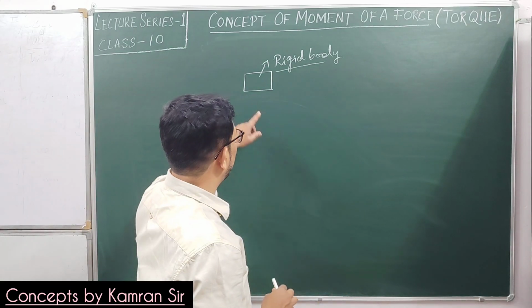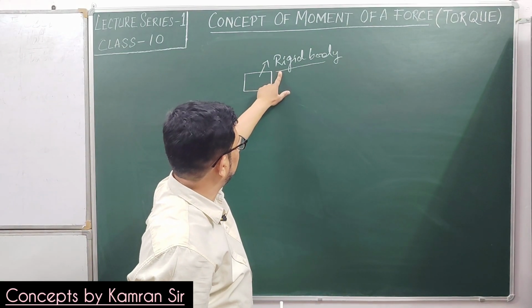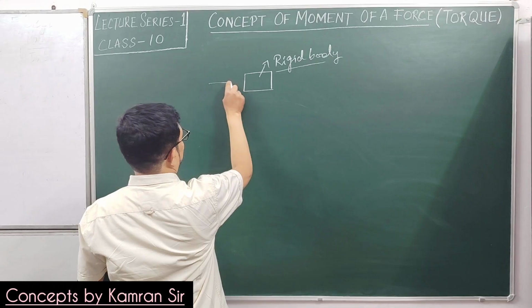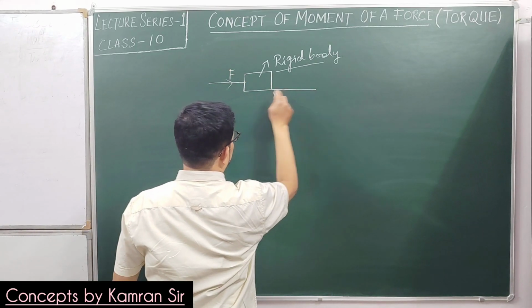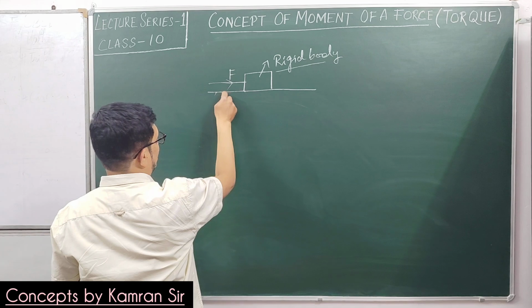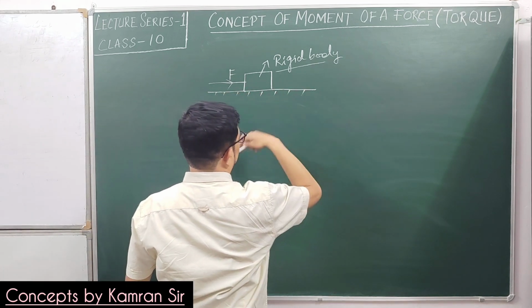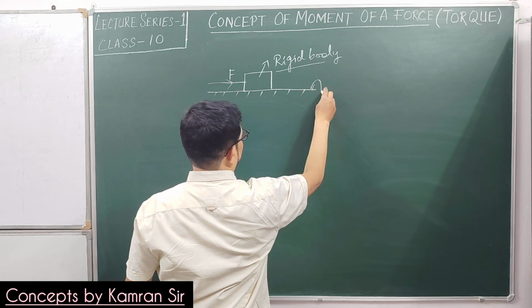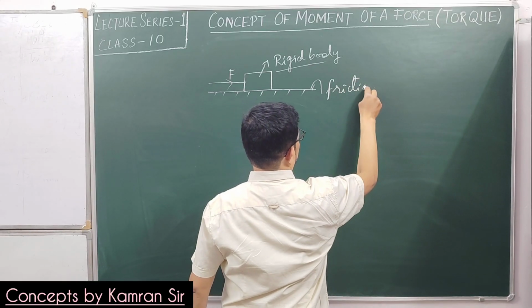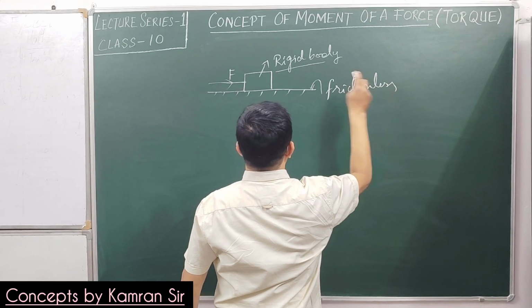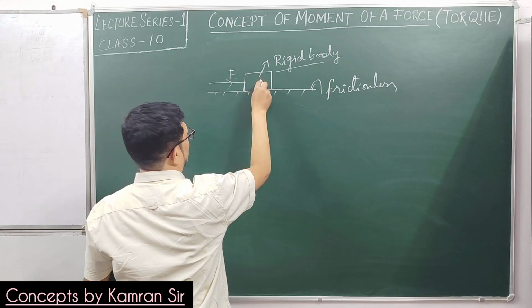So as a result of the application of force on a rigid body, suppose this is the force that you apply, and we consider this body is placed on a table, and suppose this table is frictionless. Then this force is going to cause a motion.